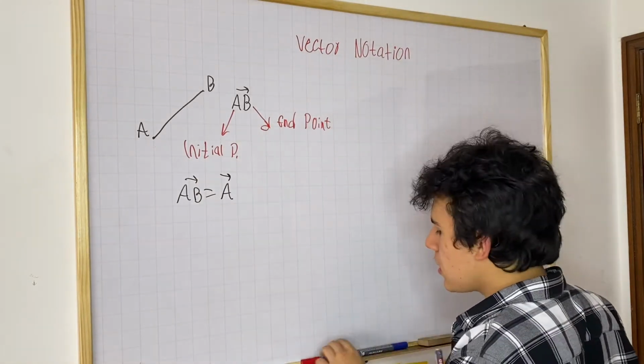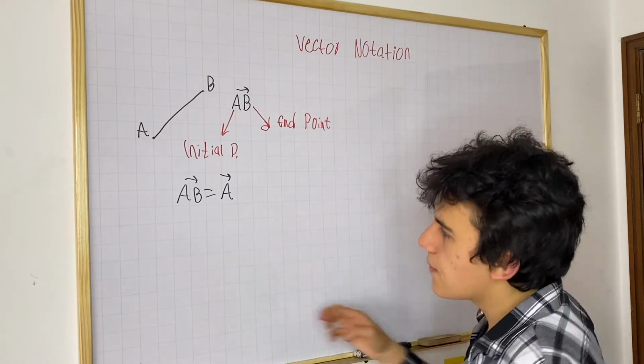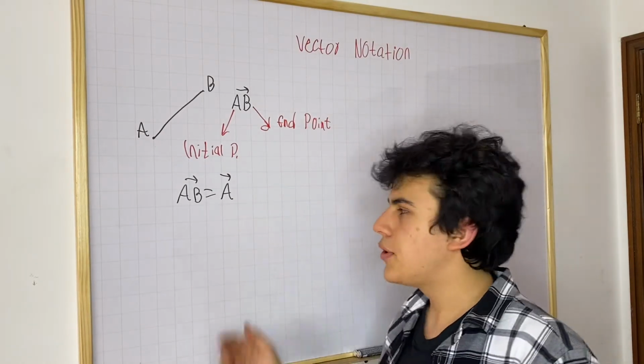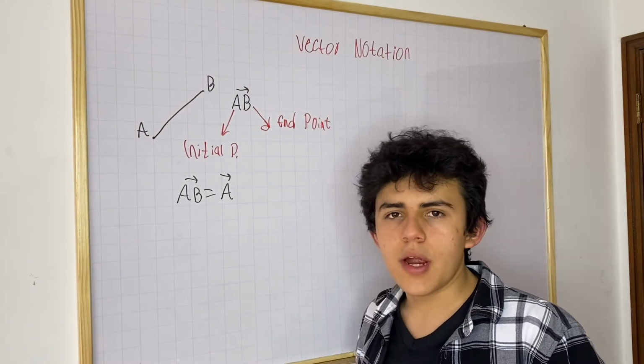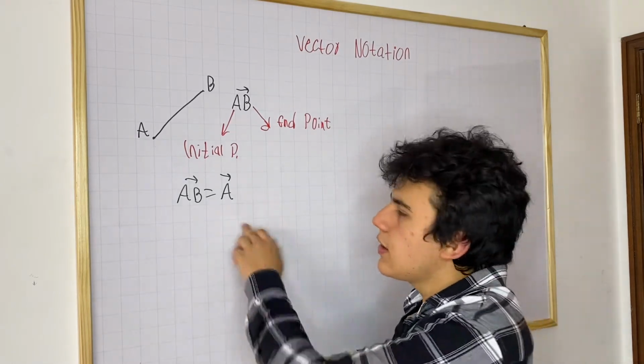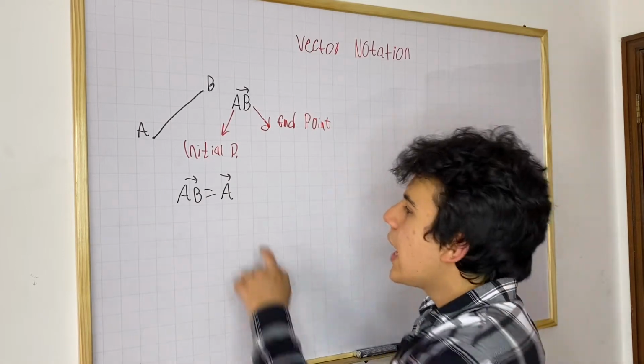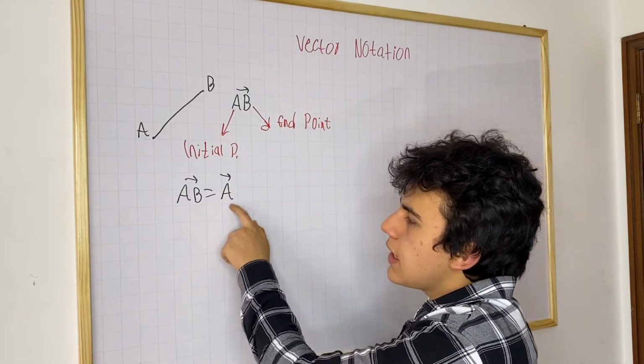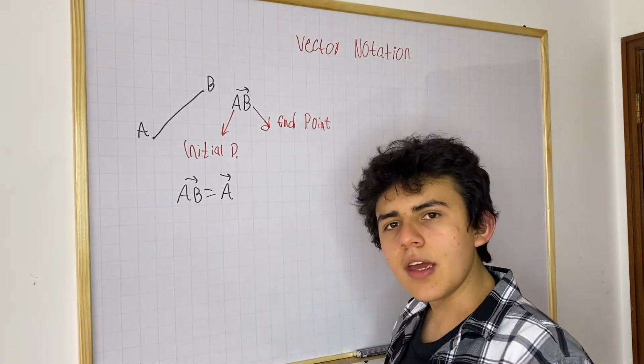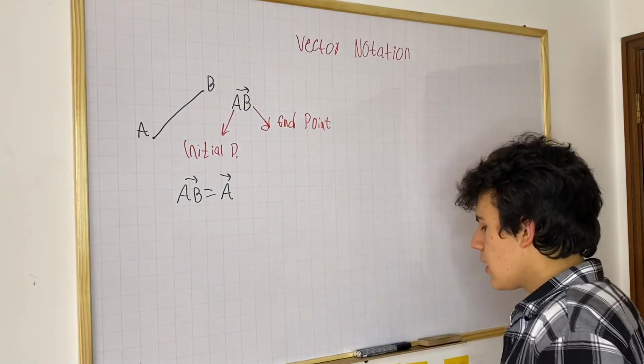In this type of notation, we're saying that there is an initial point, or an initial position, which is A. The arrow, same thing, is just saying that that is a vector. In this case, we're not specifying the endpoint, but we're saying what the initial point is.